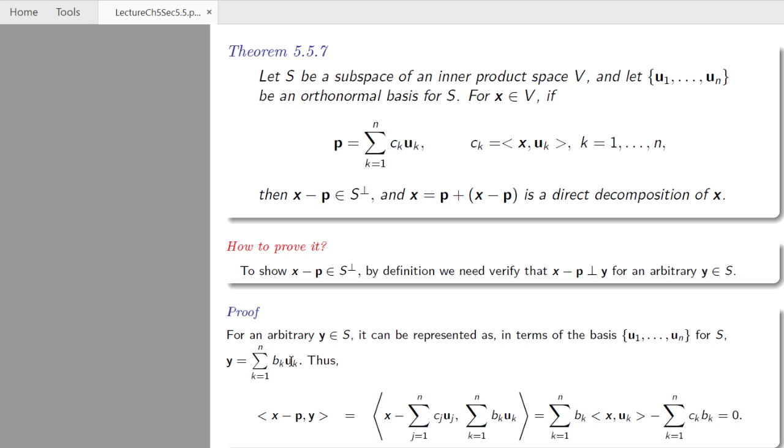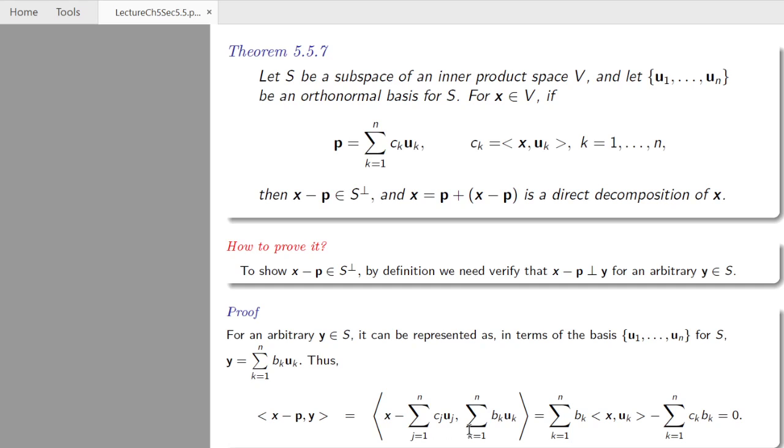Then we calculate the inner product between X minus P and Y. Here we have X, a vector in V, then minus P. P from the assumption has this form, so we substitute P by the summation. And because Y belongs to S, we have this representation for the vector Y.